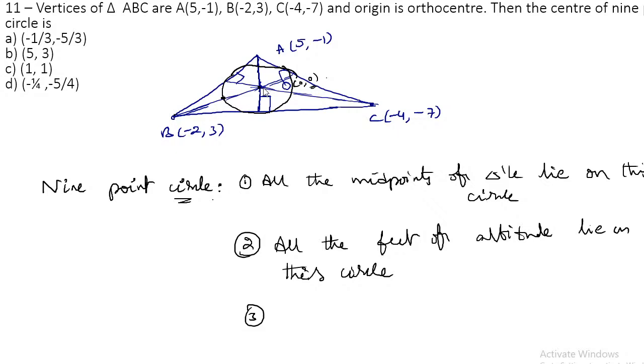So the midpoints of the line segments joining vertices and orthocenter will also lie on the circle. So this one, likewise this one, likewise this is the midpoint.